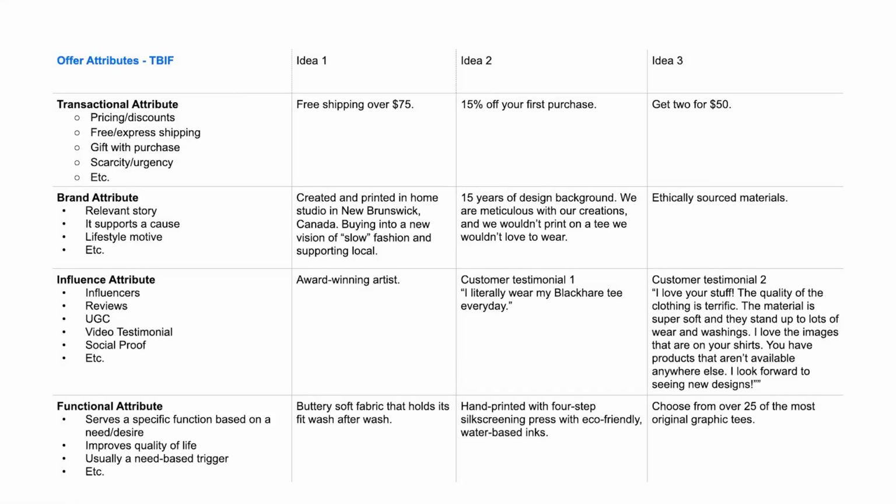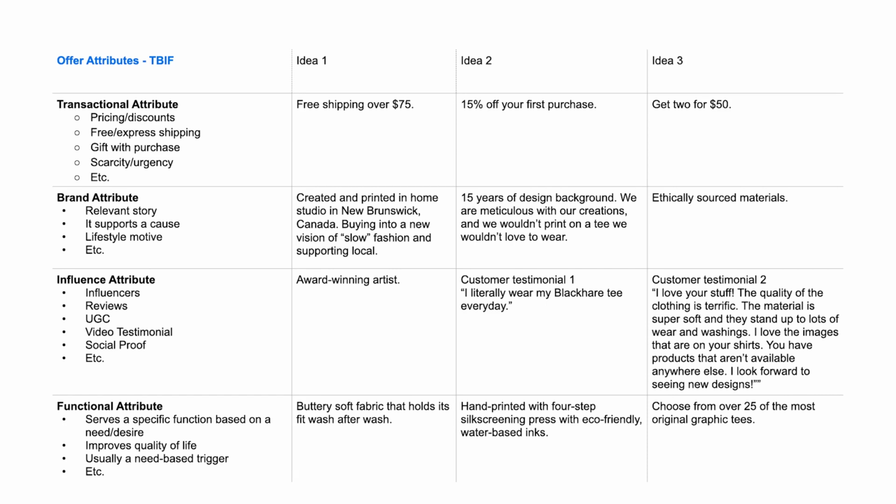And now we're looking at their offer attributes worksheet. You'll remember this because in the offer attributes section, I showed you how we fleshed out each of these rows. These were the transactional attributes where they had free shipping over 75 and 15% off first purchase. This was their brand attributes where they had 15 years of design background, created and printed in the home studio in New Brunswick.